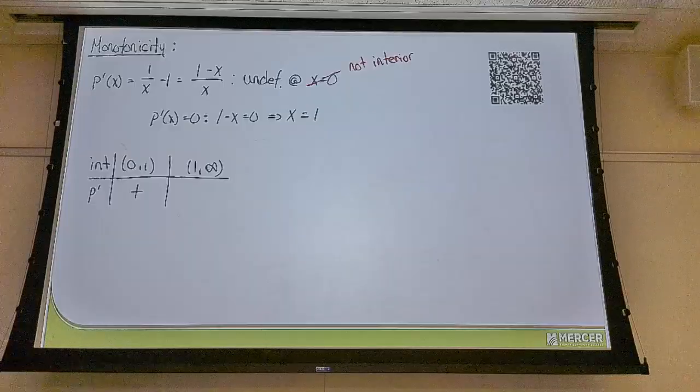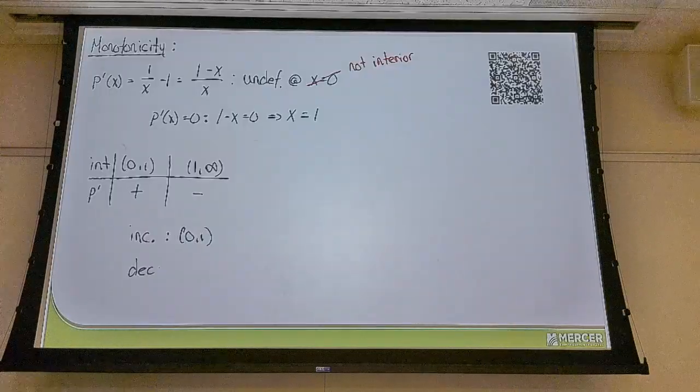Now 1 million, maybe I should use 100 million. It's negative. Yeah, that's definitely negative. Where are we increasing? 0 to 1. Where are we decreasing? 1 to infinity.